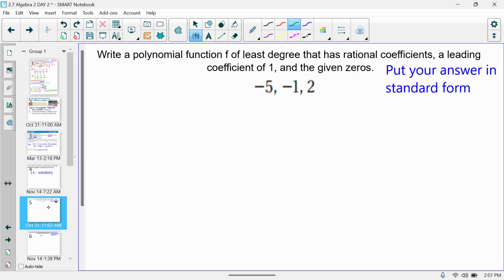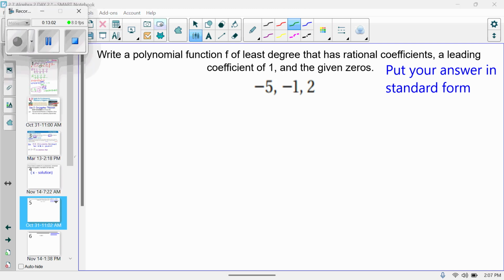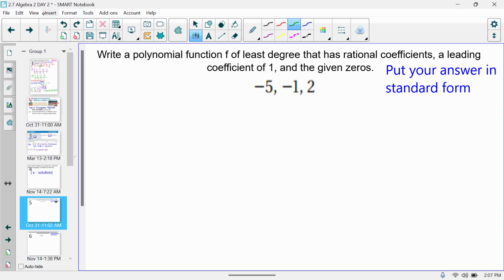So write a polynomial function f of least degree that has rational coefficients, a leading coefficient of 1, and the given zeros. So what we're going to focus most on out of all that part of the question is that we want these numbers to be the given zeros. Like if I graph this, when I'm all done writing my equation, it should cross the x-axis at -5, -1, and 2.